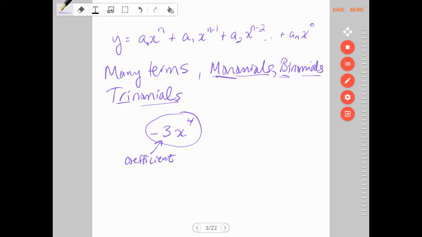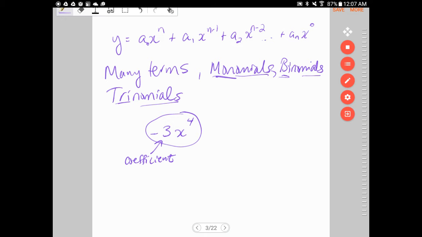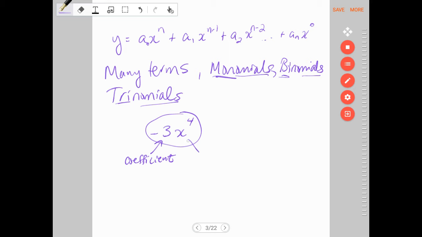Any number multiplied by a variable, so it could be any real number, it could be a radical, negative, positive, okay, is the coefficient. The letter x is known as the variable. And of course, the 4 is the exponent.